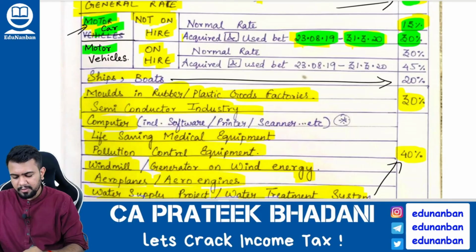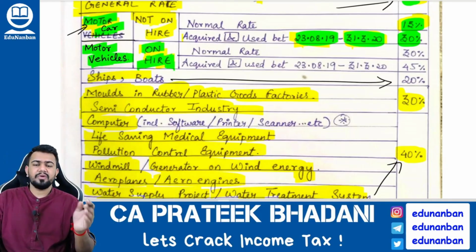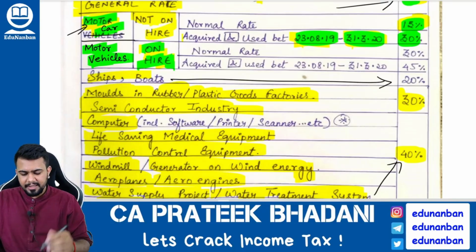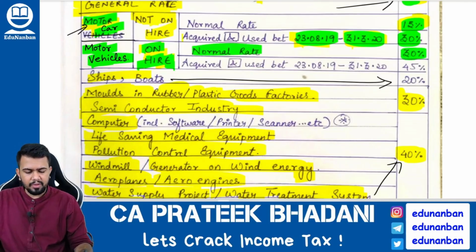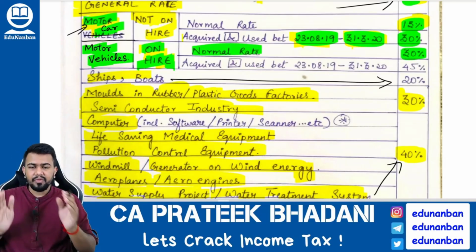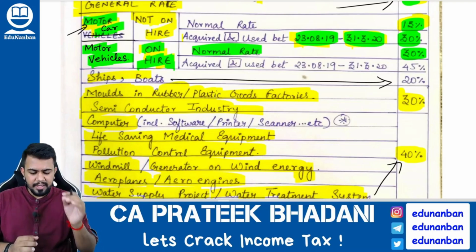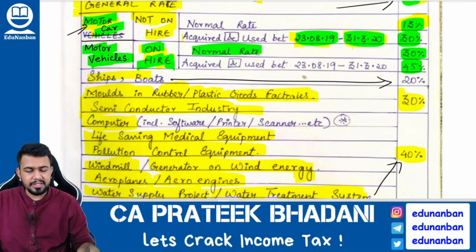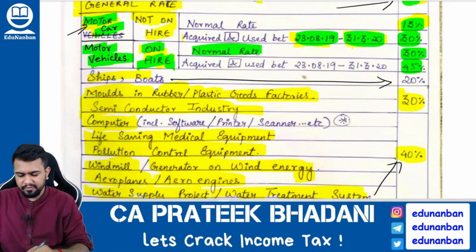Next, motor vehicles given on hire, which means motor car, tempo, truck, lorry, etc. If given on hire, then normally the rate of depreciation is 30%. However, if the motor vehicle was acquired and used between 23rd of August 2019 till 31st of March 2020, then the rate of depreciation is 45%.